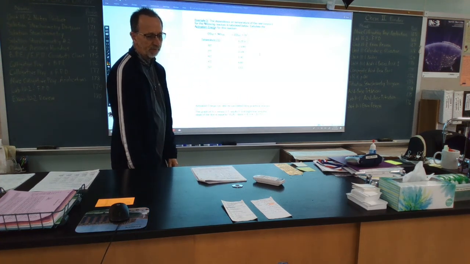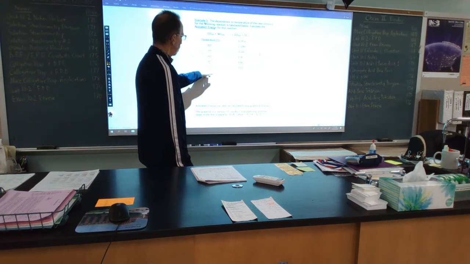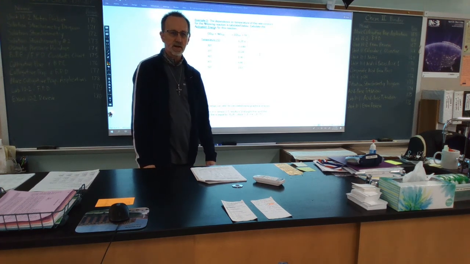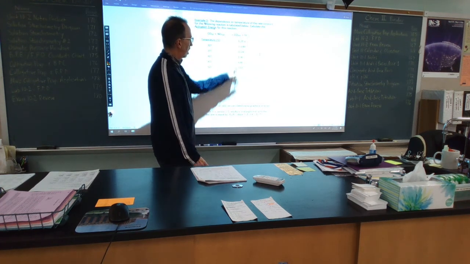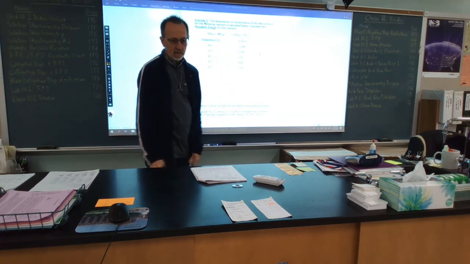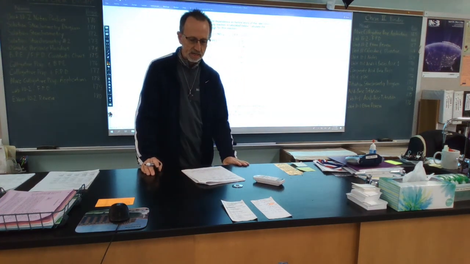Okay, so before we even do this, first of all, note that these temperatures are in Celsius, so we're going to have to make an adjustment there to get Kelvin. And notice here also that the rate constant unit is given as molarity to the minus 1, seconds to the minus 1.